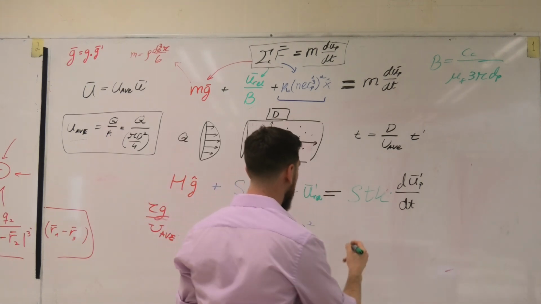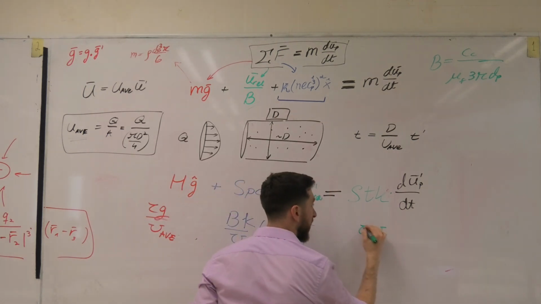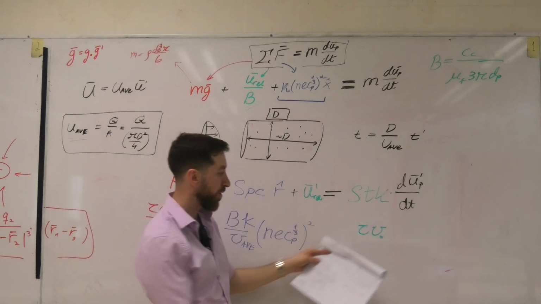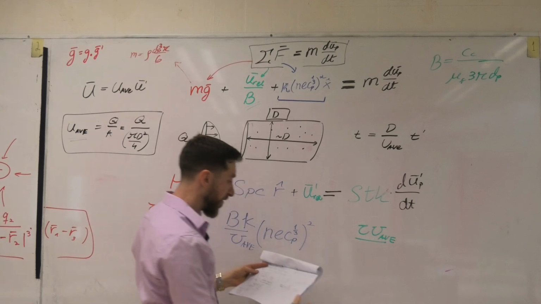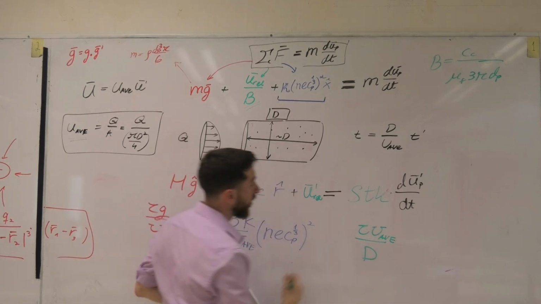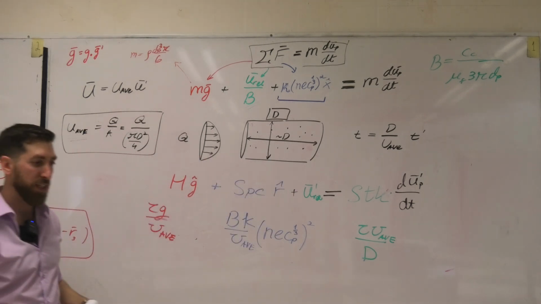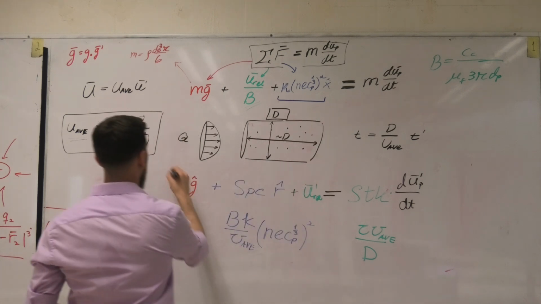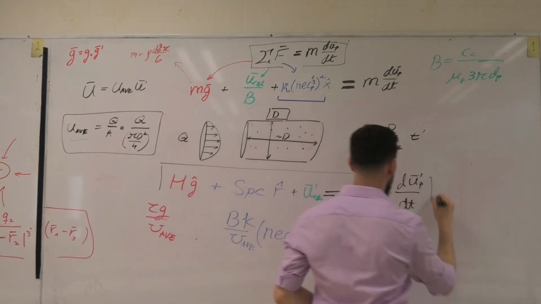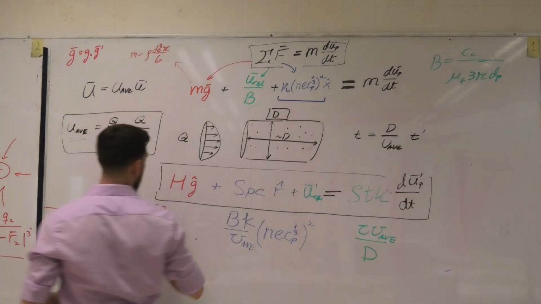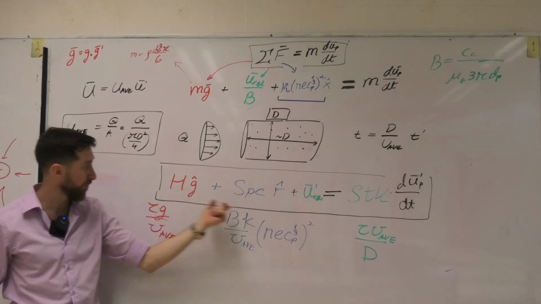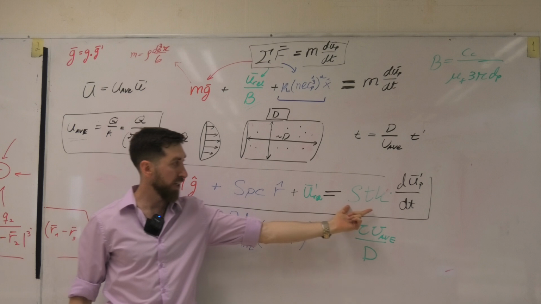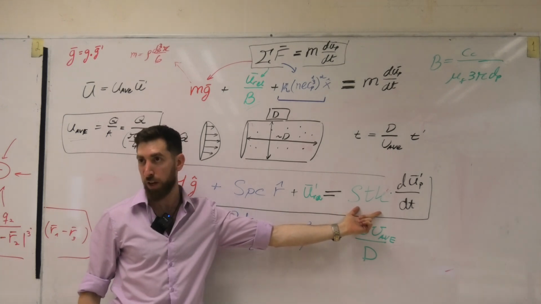So Stokes is equal to the stopping distance, tau multiplied by U0, U average, divided by D. Perfect. So this is the non-dimensional Newton's second law equation for a particle under the electrostatic effect of repulsion, gravity, and changing velocity, right?